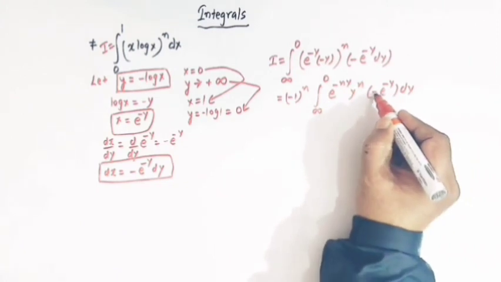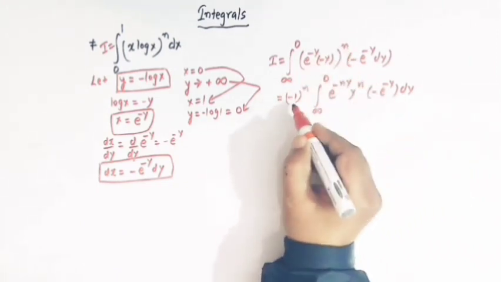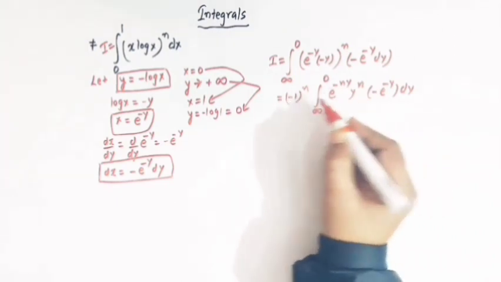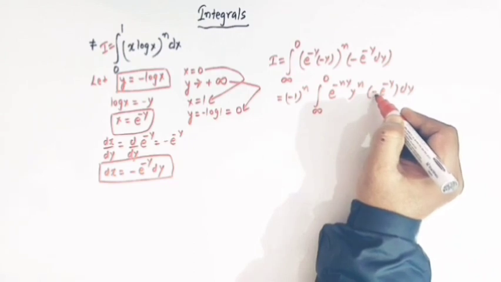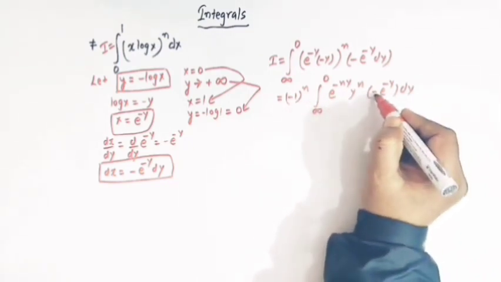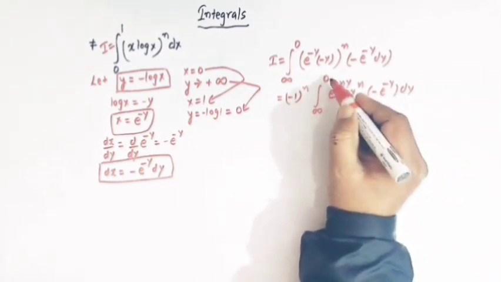Now see, here we have an extra negative sign. Minus 1 raised to n we have taken outside the integral as such, and here we have an extra negative sign. So we can neutralize this negative sign by interchanging the limits, right?